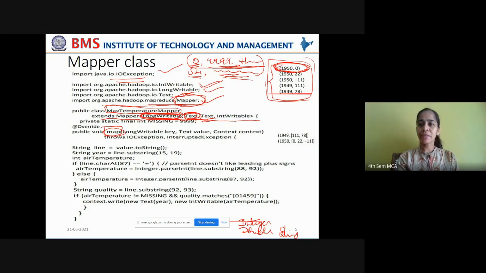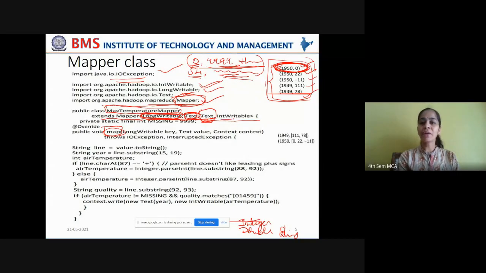So for this key value pair, for 1950 or 1949 to represent the year, we take a string, and for string in Hadoop we use Text, right? And the values are the temperatures that are recorded. They might not be too high, and may not cross the boundary of normal integer values.